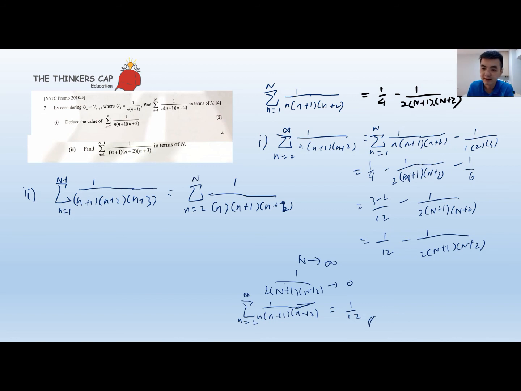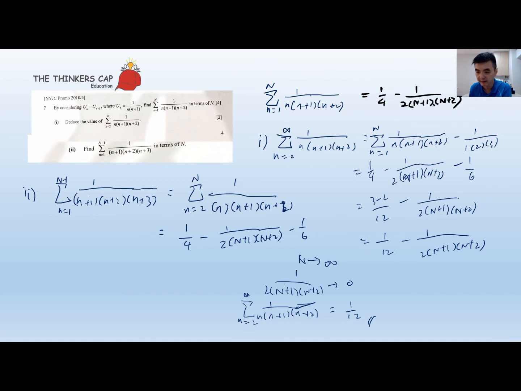So basically I have a sum where I'll get 1 over 4 minus 1 over 2 n plus 1 and n plus 2, and minus away the first term, and this is exactly what we have done for part 1, so we do not need to redo the working again.